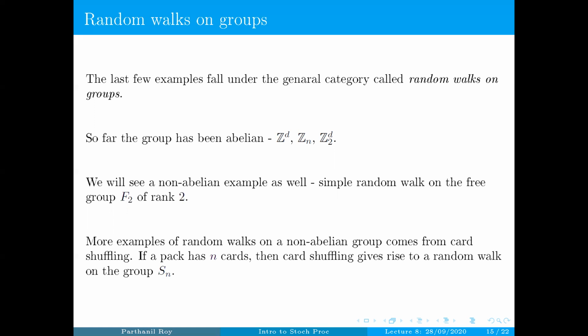There, of course, the questions are more difficult, and the questions typically are like this: what is the time after which the pack of cards would become random, in the sense that all possible arrangements of the cards become equally likely or close to equally likely?